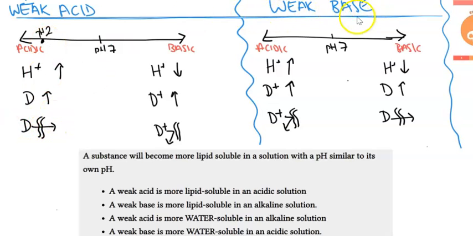If you take a drug that's a weak base, so the drug has a high pH, and you put it in a high pH environment, such as your intestines, it's going to go through. The higher the pH of the drug, if you put it in a higher pH area, it's going to go through. The lower the pH of the drug, if you put it in a low pH area, it's going to go through.